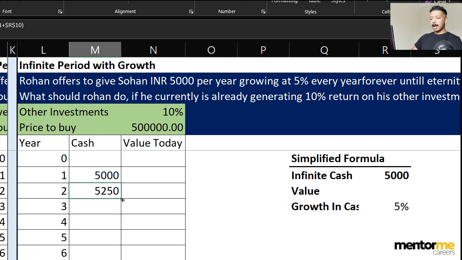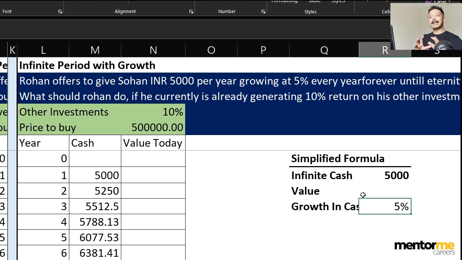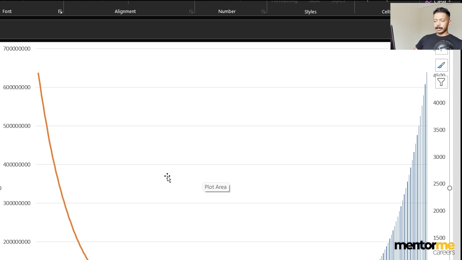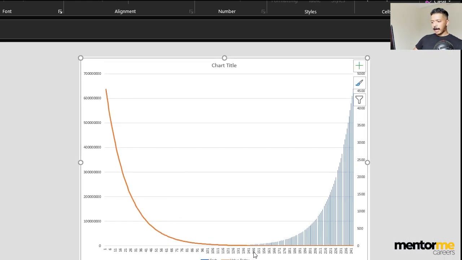Okay. Now the competition is between whether the present value should increase or not, based on which wins. Is the 10% going to win or the 5%? So it's going to be a battle between the growth versus discounting. So now you can see that although the cash is definitely increasing, right? Because it's 5,000, which is increasing at 5%.